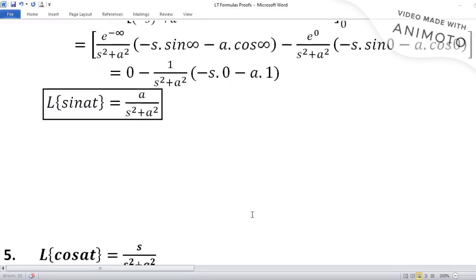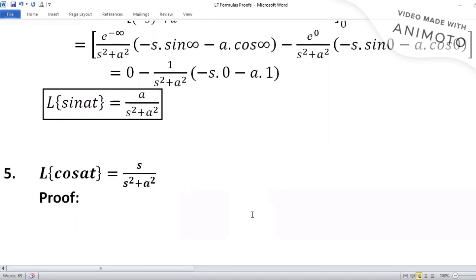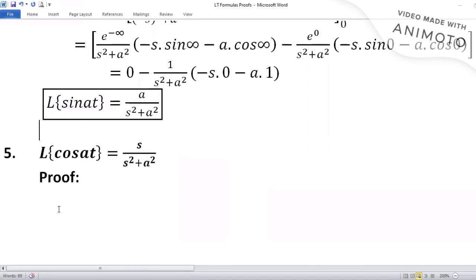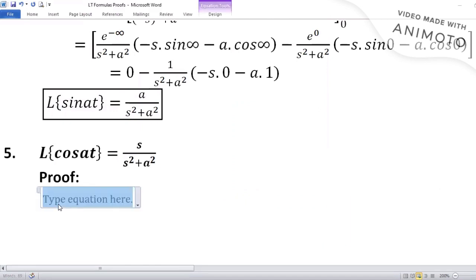Now similarly, Laplace of cos at can be done. Again, this is homework for you. I will only mention here the integration formula. The difference is going to be the integration formula of e raised to ax cos bx dx.